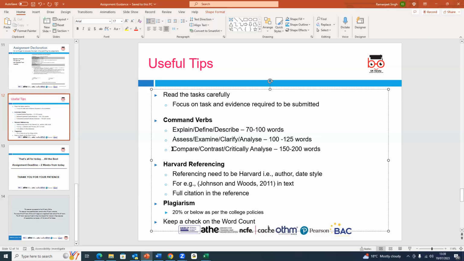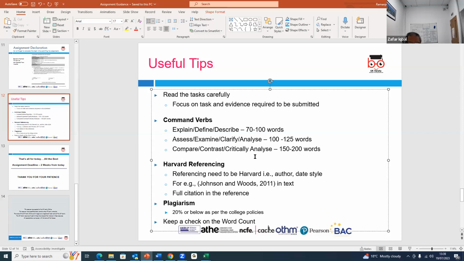As you get to level 7 and 8, the same verb becomes more complicated, and you are not only analyzing, but you are critically analyzing. Probably you're recommending, you are contrasting, you are giving your own opinion, your own recommendation, your own evaluation, and everything.